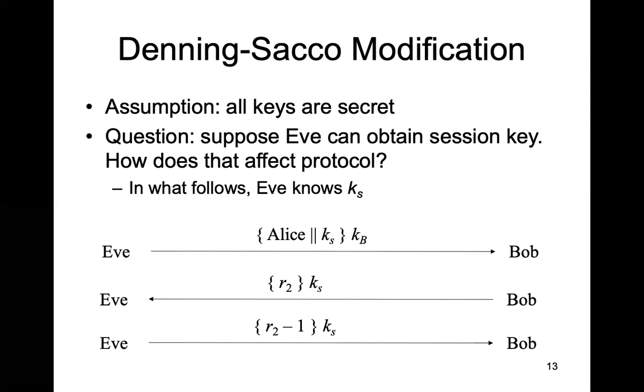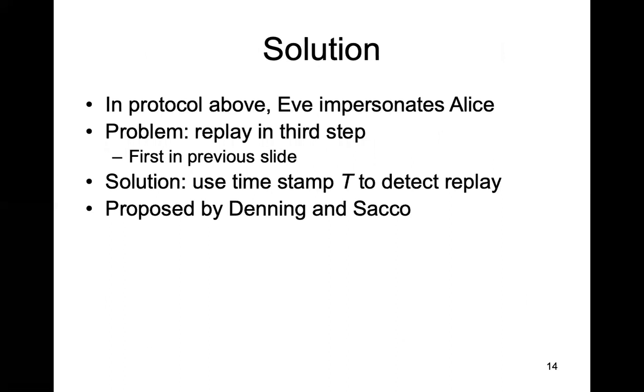Okay. So this is, in some sense, a variant of the attack where Bob is tricked into reusing an old session key that somehow Eve has been able to determine using, let's say, a brute force attack. So Eve is able to impersonate Alice, and the replay happens from the third step onwards.